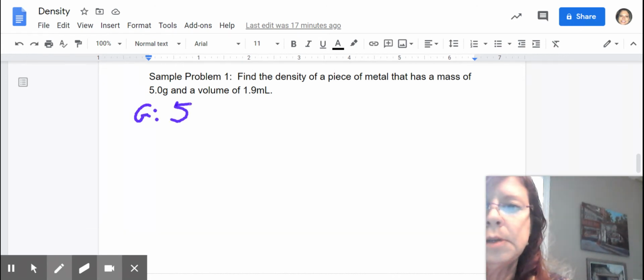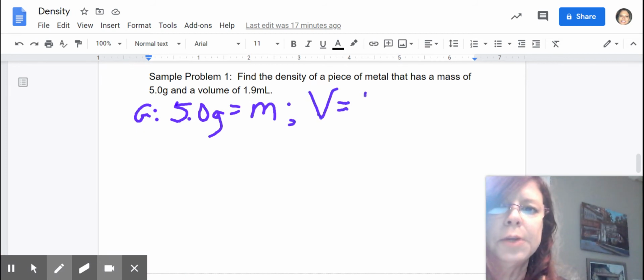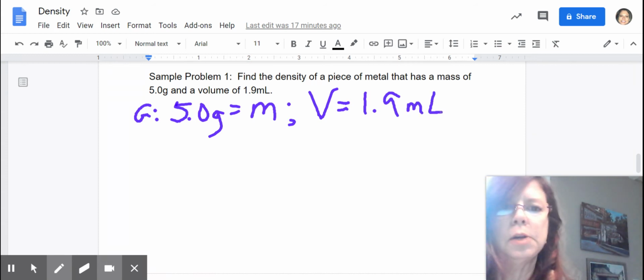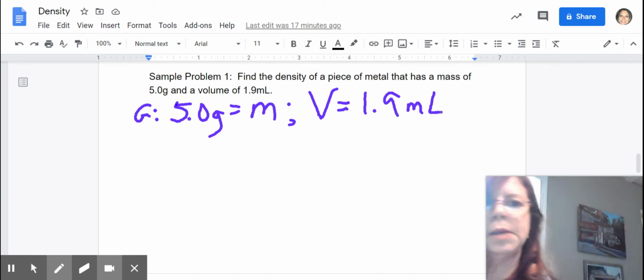Sorry about that. If we have a mass of 5.0 grams, I like to label the fact that it's mass to keep myself straight, and we get to problems that have a lot of information in them. We have volume that's in milliliters. Now remember, the mass could be in kilograms, it could be in micrograms, the volume could be in liters, milliliters, centimeters cubed, meters cubed. So all these units could vary, and then we'd have to convert sometimes to make the problem work out, make them cancel out.